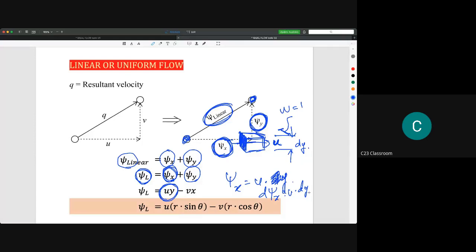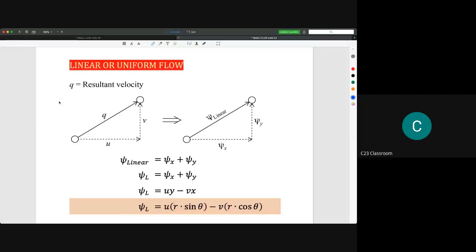And then for psi y, I think you could imagine the same thing. You just imagine that we have a box here, and the velocity is v.